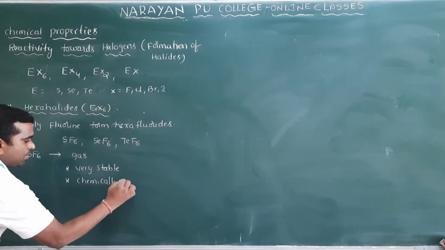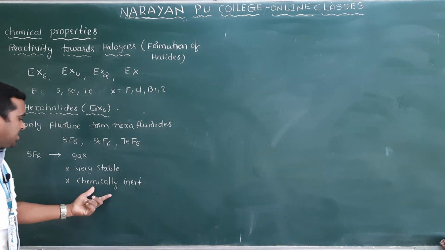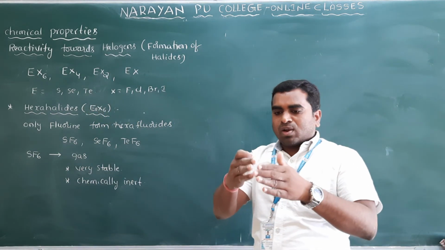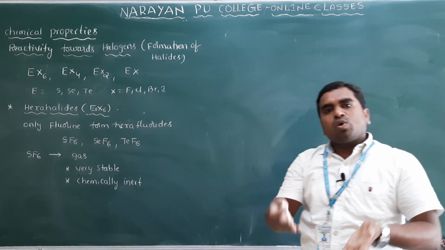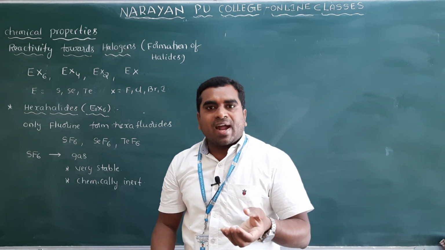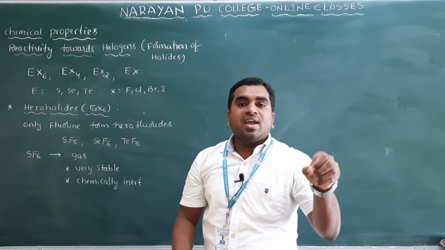You know, if it is stable, it is chemically inert. What is the reason for chemical inertness? Surrounding the sulfur, how many fluorine atoms are present here? 6 fluorine atoms, and these 6 fluorine atoms protect the sulfur from attack by any other reagent.